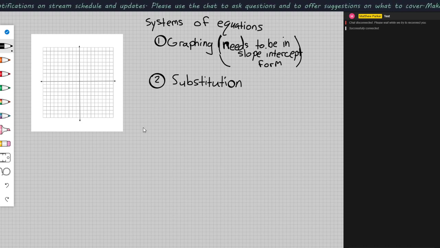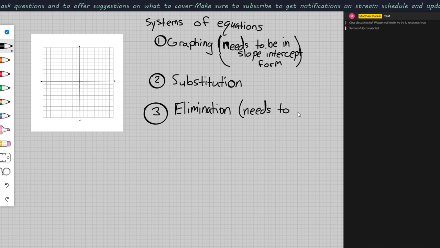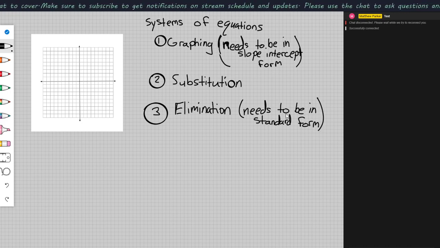And for the third one, elimination, it needs to be in standard form in order to solve it, and you're either going to add or subtract.